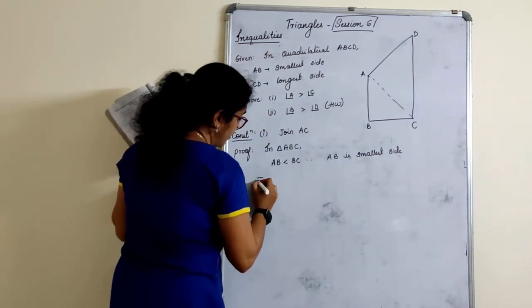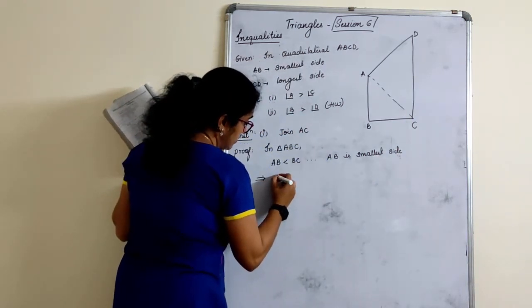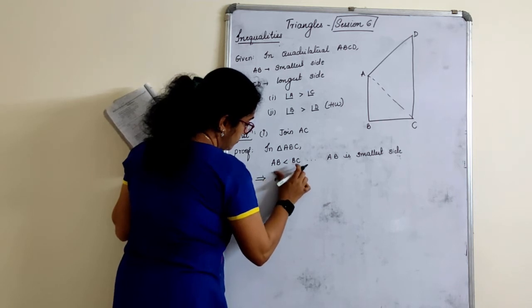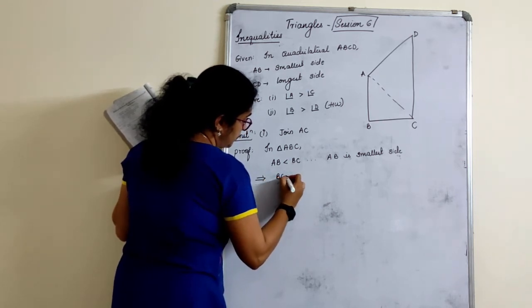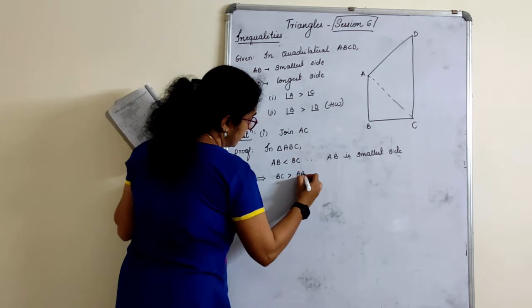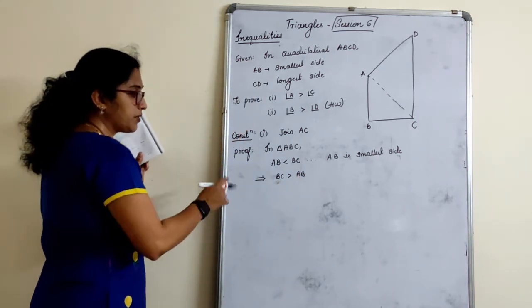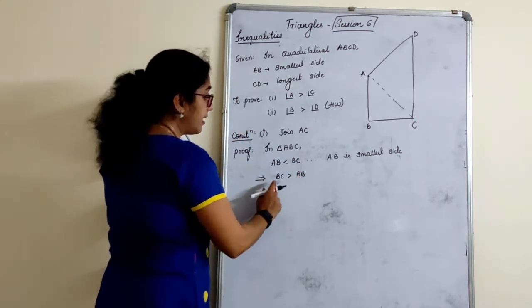We will write this as BC is greater than AB. Doesn't matter, both are same. Okay, you have written, write the angles.